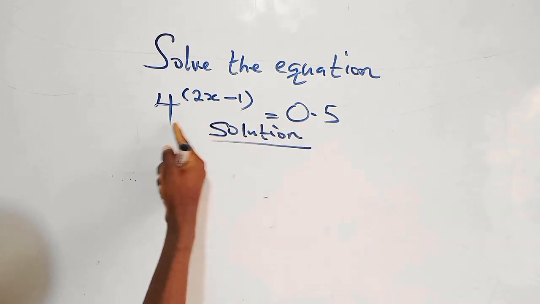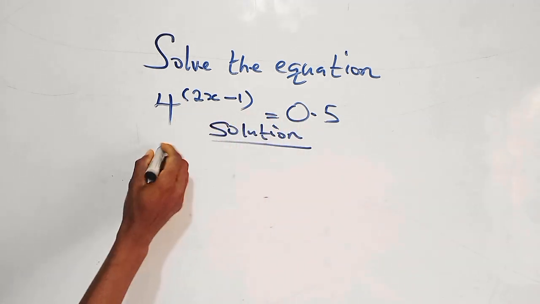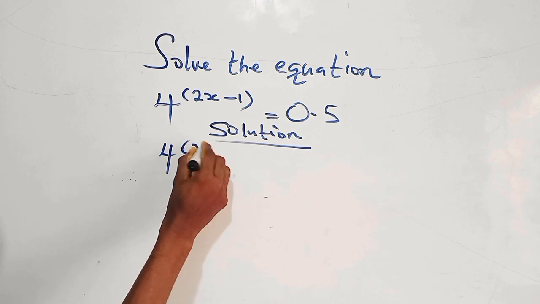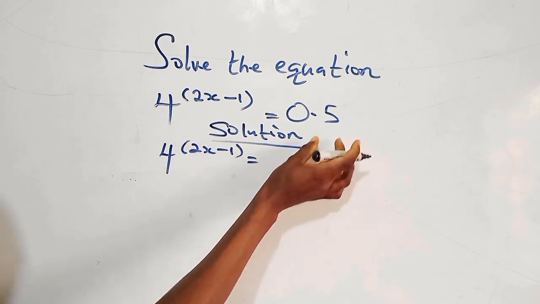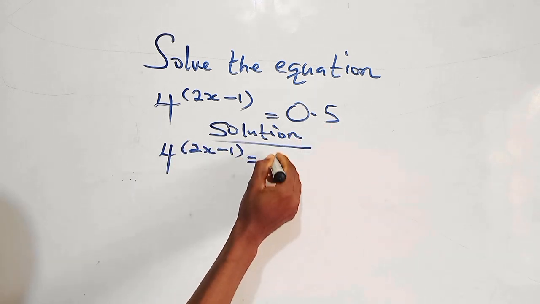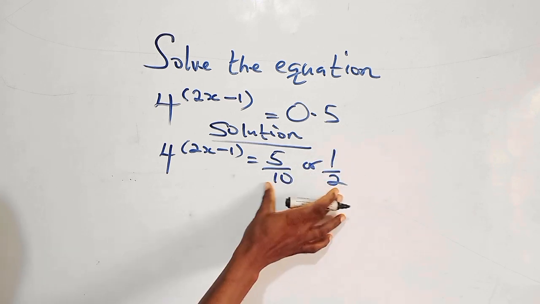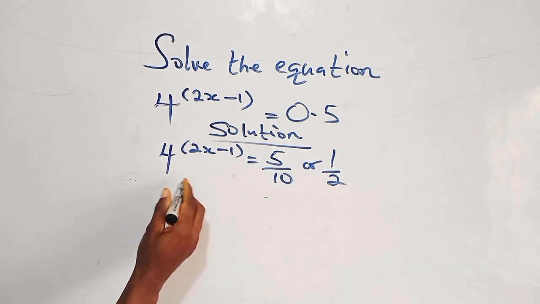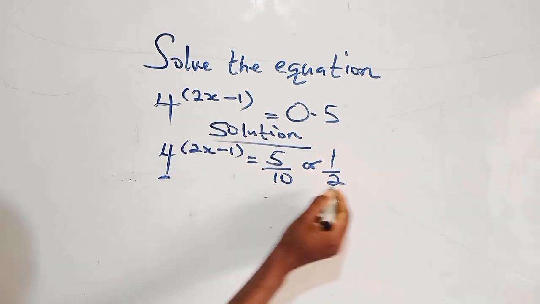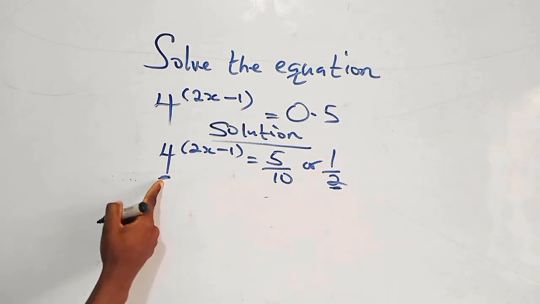Here we can write this as 4 raised to power 2x minus 1 equals 0.5. The decimal can be converted to a fraction, so you have 5 over 10 or 1 over 2 in this case. I can make sure I have the same base. How do I do that?